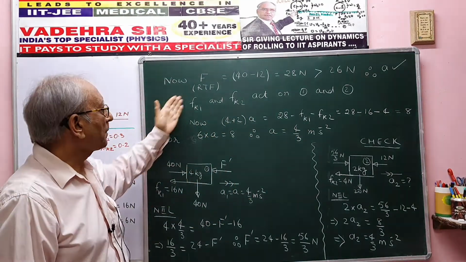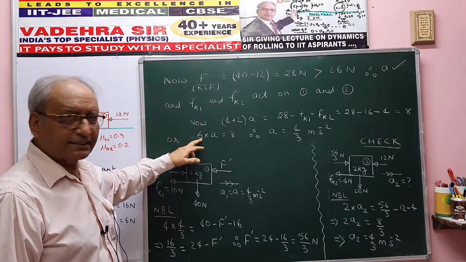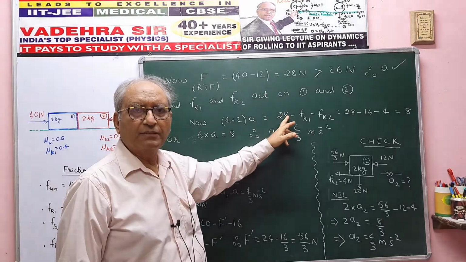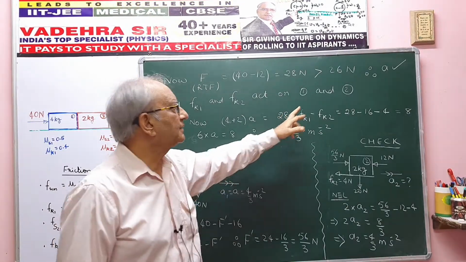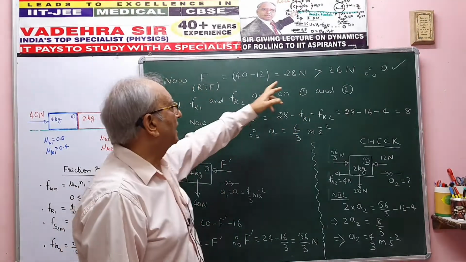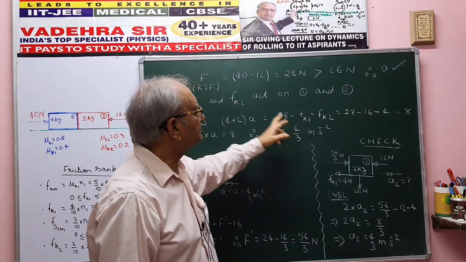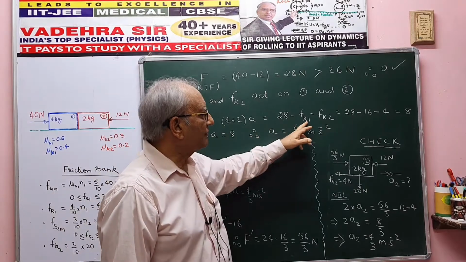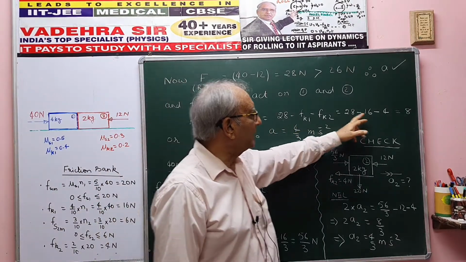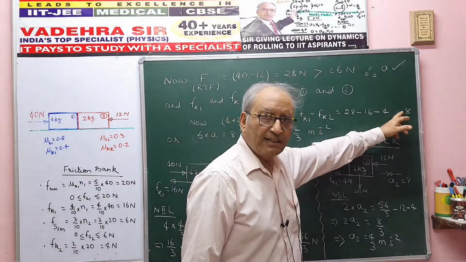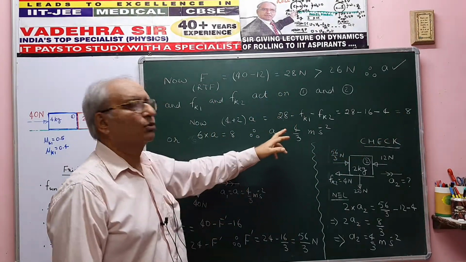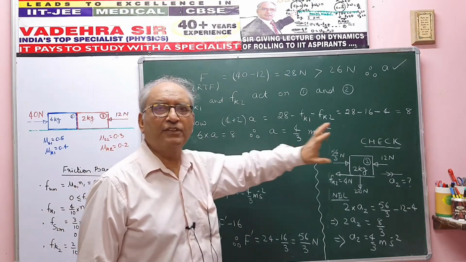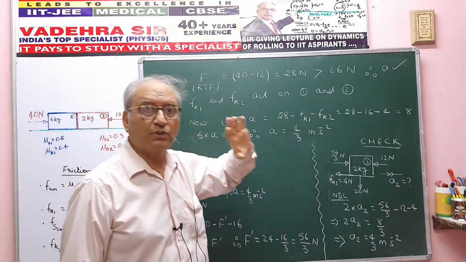For the system, total mass 6, 6 into a should be the resultant pulling force, 40 minus 12 minus Fk1 minus Fk2, that is 28 minus 16 minus 4, that is 8. Therefore a is equal to 4 by 3 meter per second square. So the system will slide with 4 by 3 meter per second square to the right.